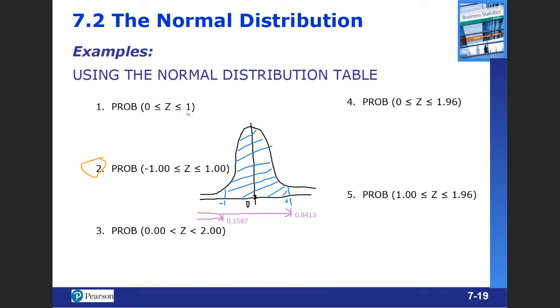Okay, I'm going to say 0.6826, which is also equal to 68.26%. Okay, you could have written it as a probability or a percentage. So remember, the empirical rule said that 68% of all your data falls within one standard deviation.